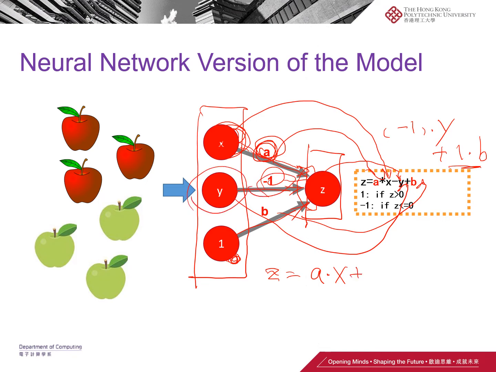So what we are doing is something like this. And for the third edge, what we are doing is -1 multiplied by b. You will see that the calculation is exactly the same as we're using in the previous example.